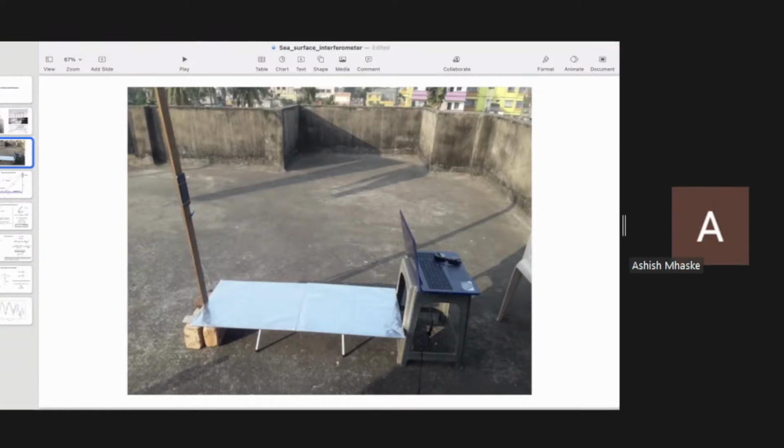Yeah, thank you. There is a question: should the transmitter be kept isolated, or is it okay if we fix it on the wall? Definitely we can't fix it on the wall, so we are avoiding walls. It should be somewhere suspended, or maybe you can knot it to a stick, as Ashish has shown in the image.